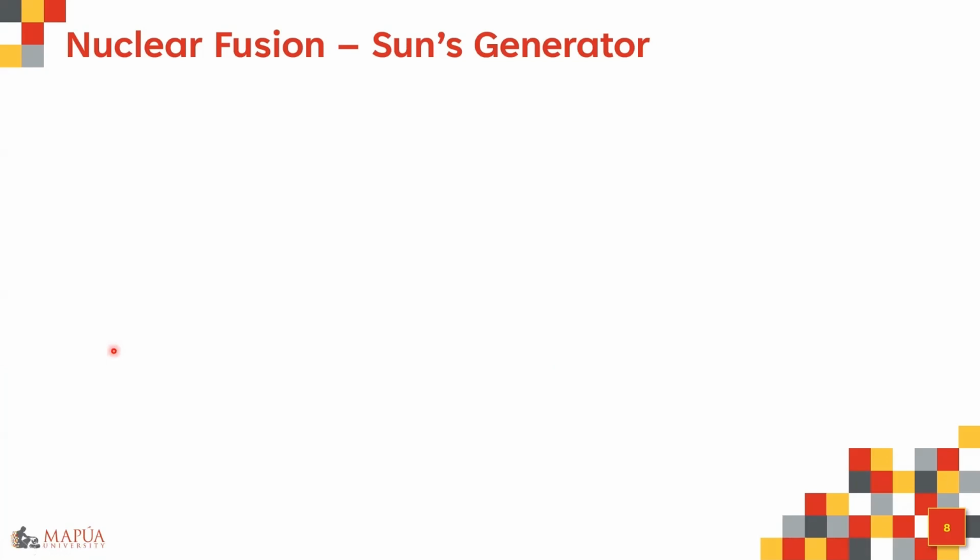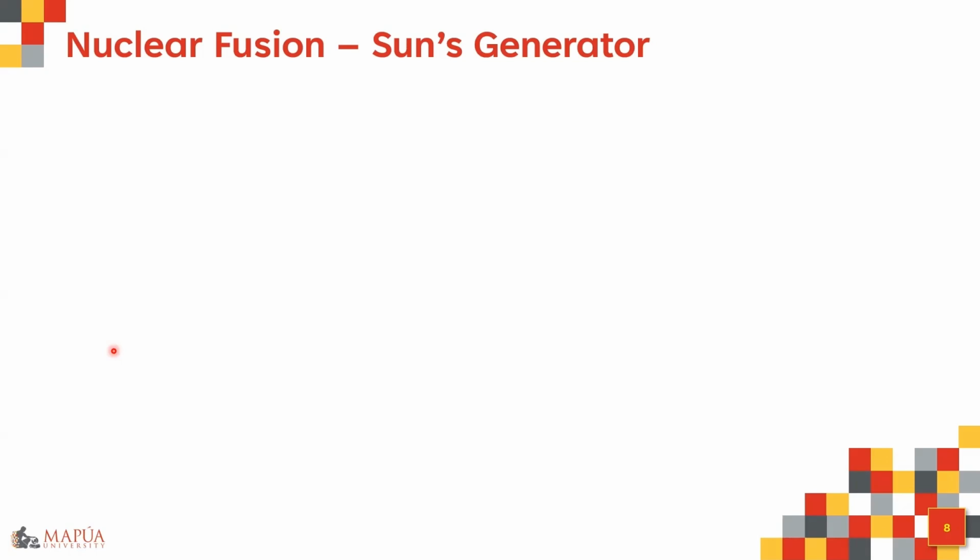Anyway, the sun actually uses thermonuclear reactions. It is fueled by fusion reaction by burning hydrogen fuel at temperatures of about 1.5 times 10 to the 7 Kelvin, and it produces helium nuclei.